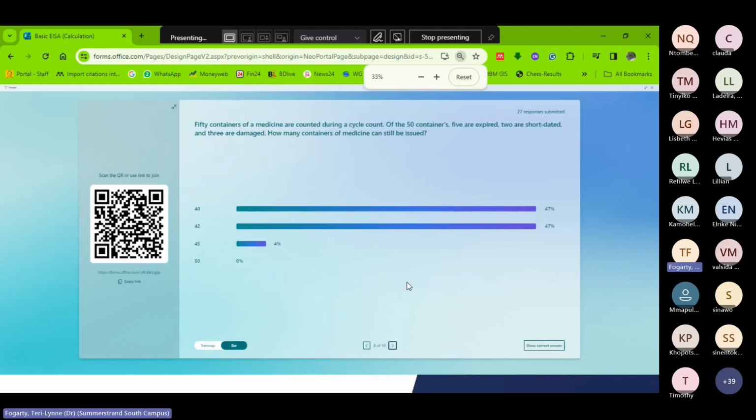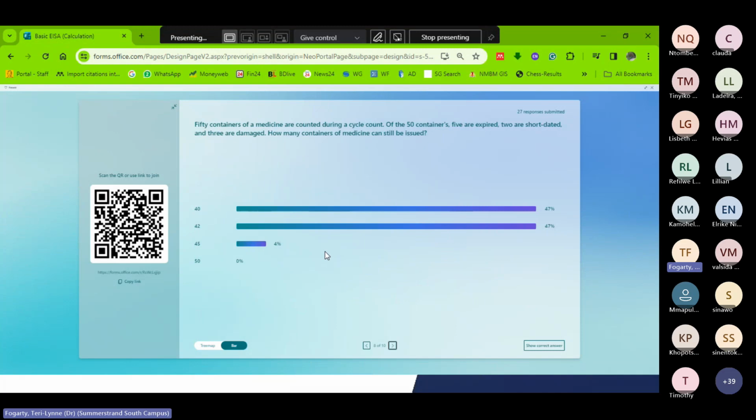Okay, let's see, those of you that weren't able to answer the quiz. 50 containers of a medicine are counted during a cycle count. Of the 50 containers, 5 are expired, 2 are short dated, and 3 are damaged. How many containers of a medicine can still be issued? Okay, those of you that weren't able to answer, maybe you can also answer this in the chat, because we've got conflicting answers here. We've got 50, we've got an equal percentage of people saying 40 and an equal percentage of people saying 42.